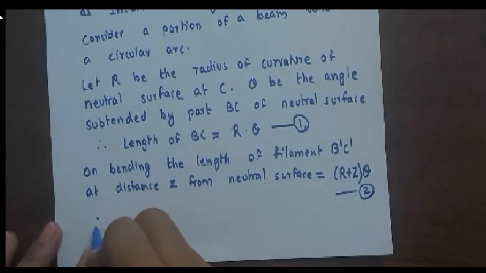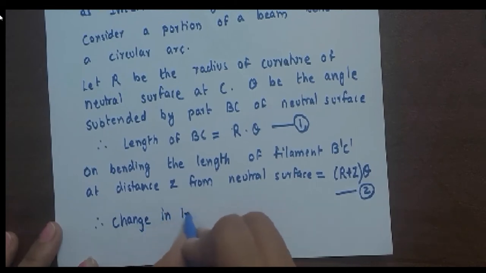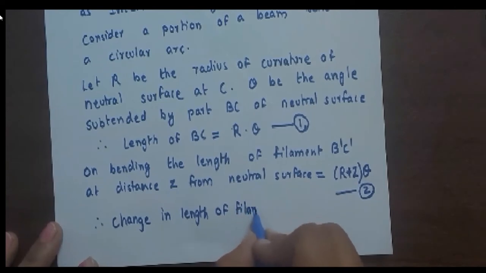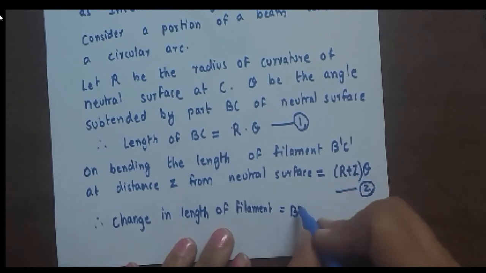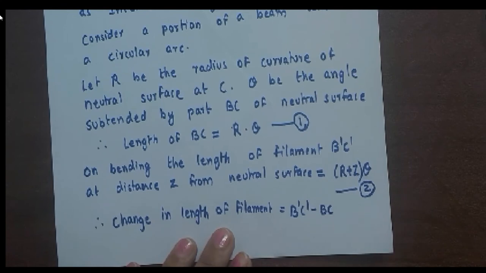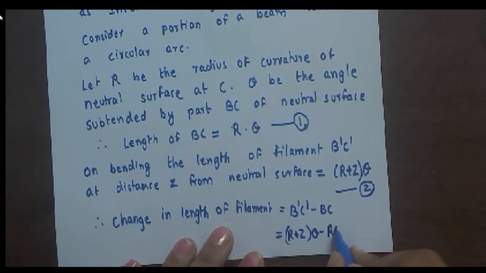Now the change in length of the filament is equal to B dash C dash minus BC. Therefore, R plus Z into theta minus R into theta gives Z into theta.